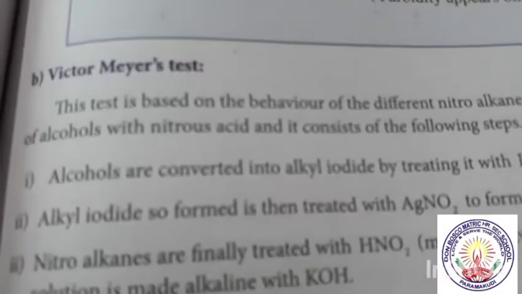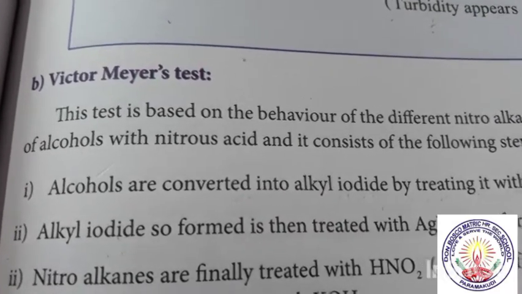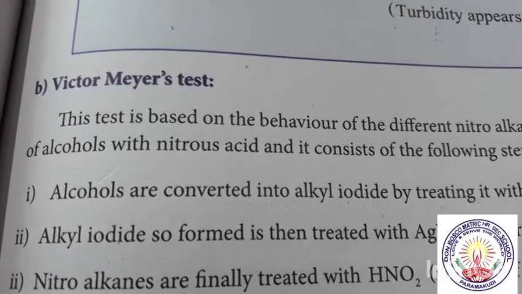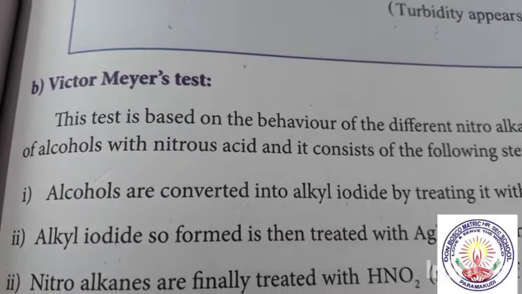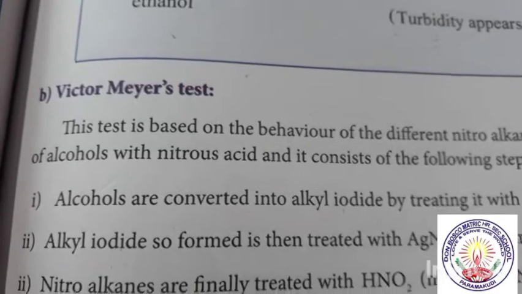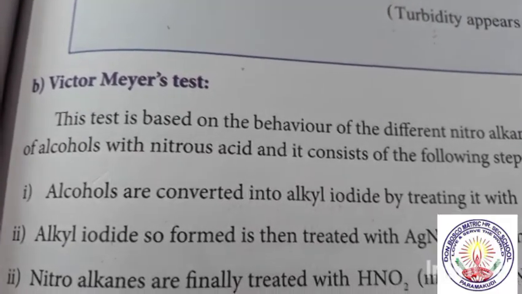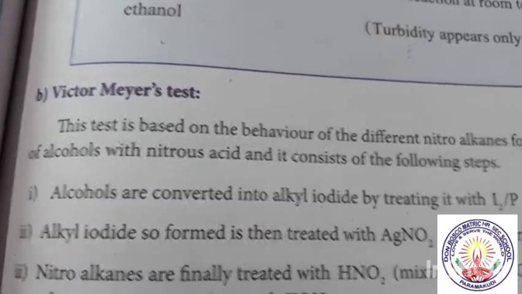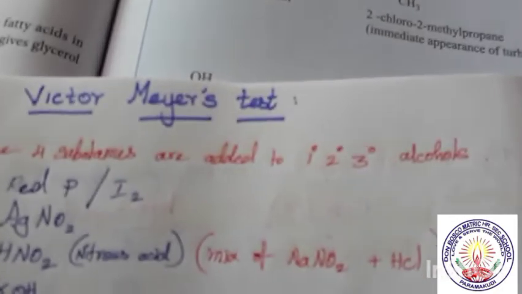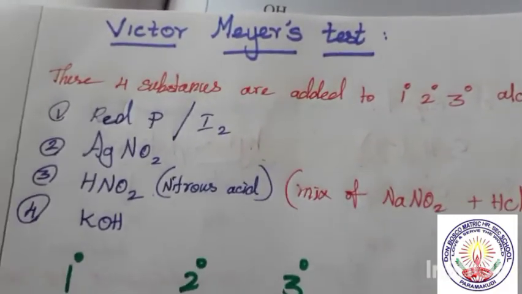When we are heating, this reaction takes place, but at room temperature, no reaction is taking place. Hi students, this Victor Meyer test is another test, just like the Lucas test, to differentiate the primary, secondary and tertiary alcohol. Here in Victor Meyer test, there are 4 substances that we add to the primary, secondary and tertiary alcohol.